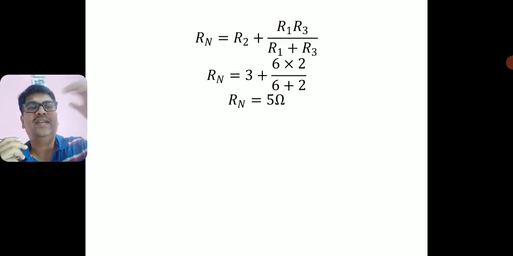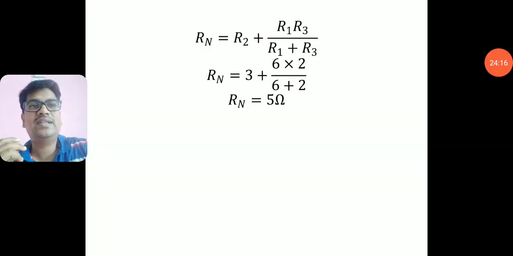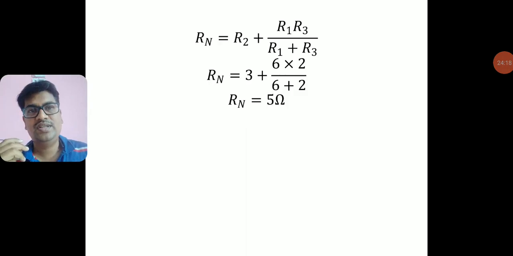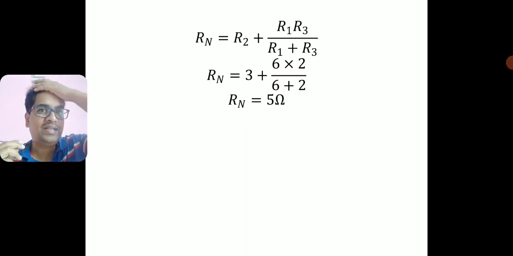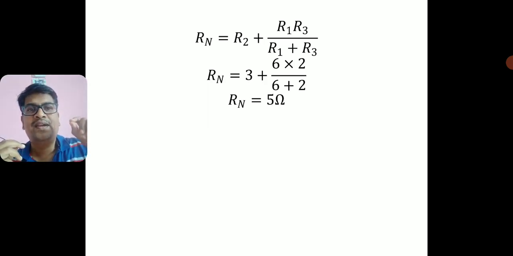Okay. Next is the Norton resistance. We have a set of formulas which is already established. The Norton's resistance formula is R2 plus R1 R3 by R1 plus R3. Students, you need to clearly define which is R1, which is R2 and which is R3.